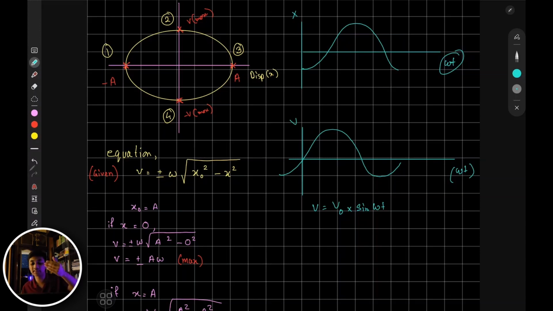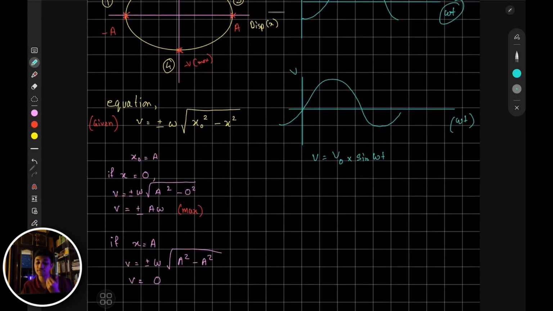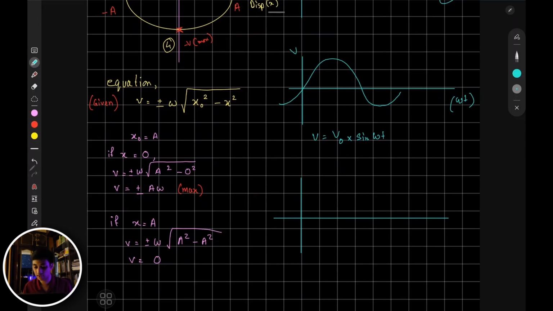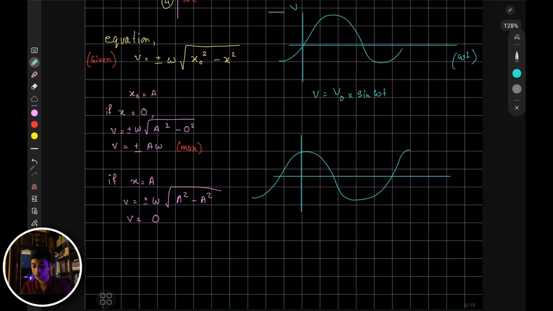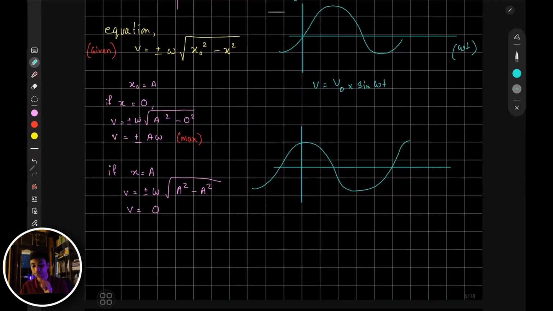Now if you want to get the acceleration, you further differentiate and shift it by another 90 degrees to get a new curve, which gives you a positive cos curve.